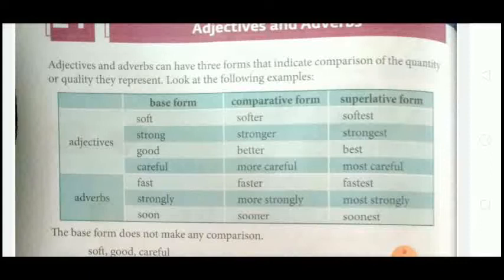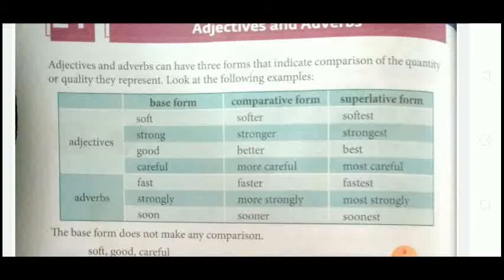Then strong, stronger, strongest, but good, better, best. Here you can see in the first two adjectives we used er and est, but in the third one, good, we used better and best, which are totally new words. Some adjectives are formed by adding er and est, while some have their own different word. Then careful, more careful, most careful.